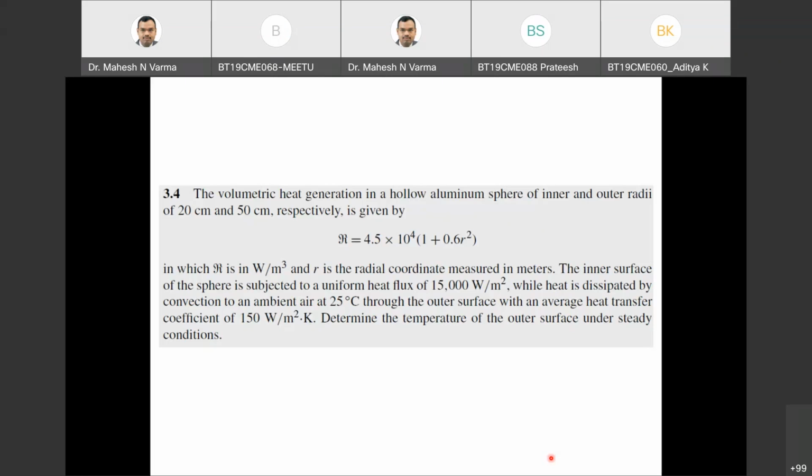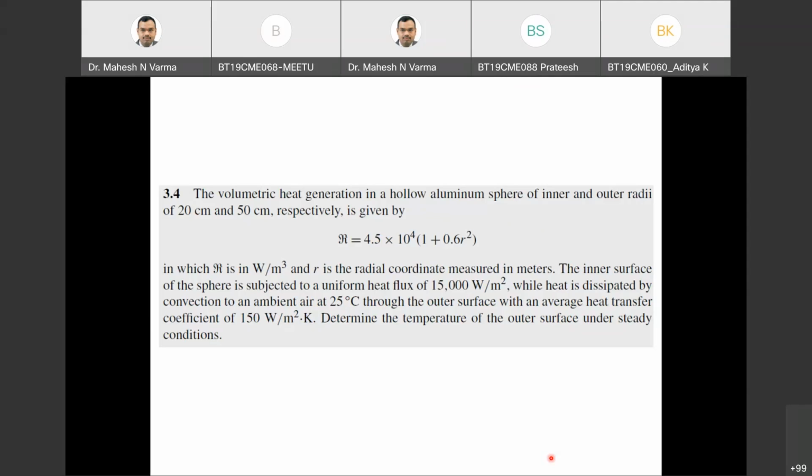It is given per unit volume, so we can multiply by volume and then integrate from 0.2 to 0.5, in spherical coordinate system and in cylindrical coordinate system, so heat generation will change with r.